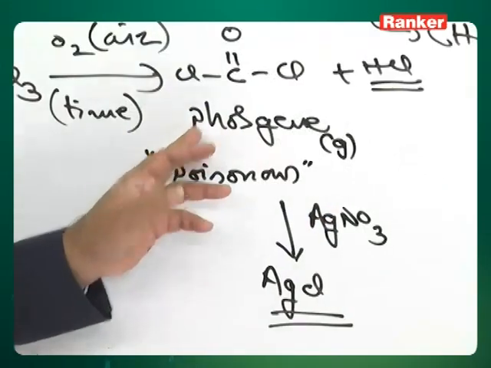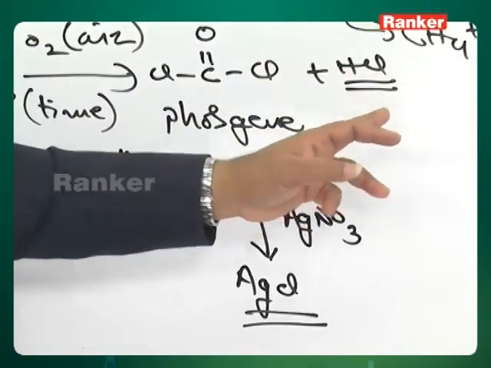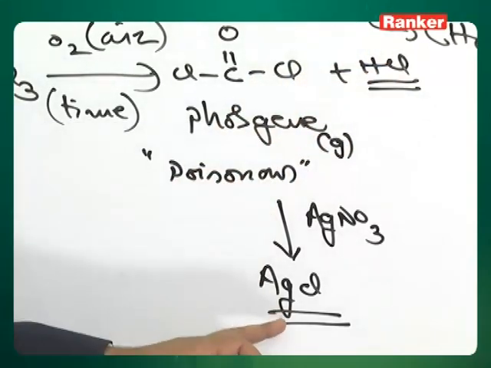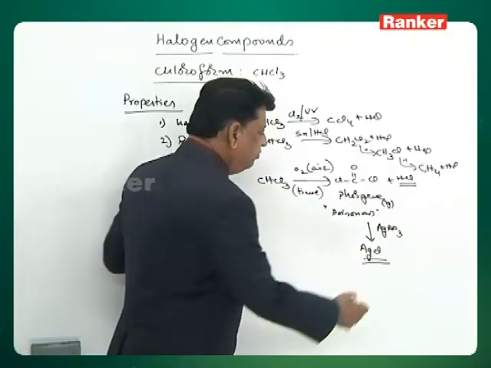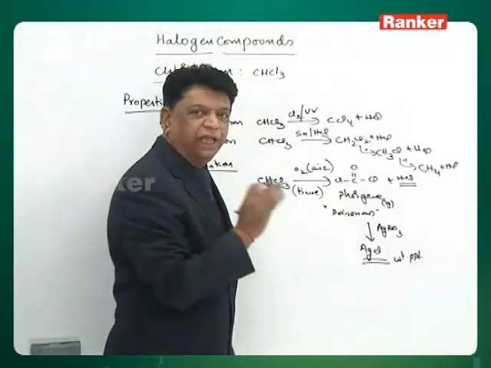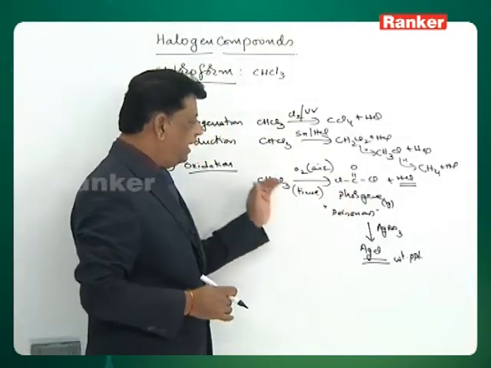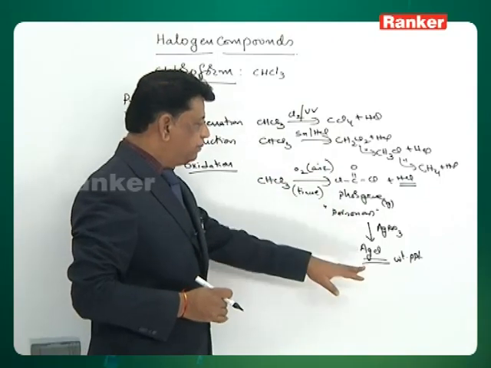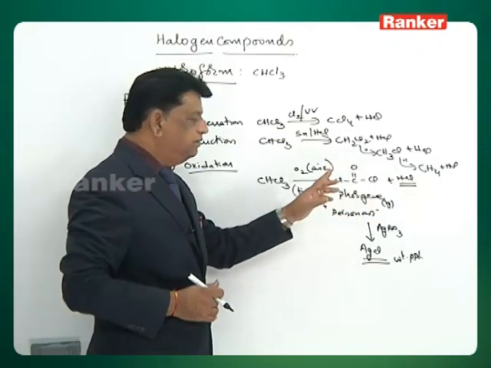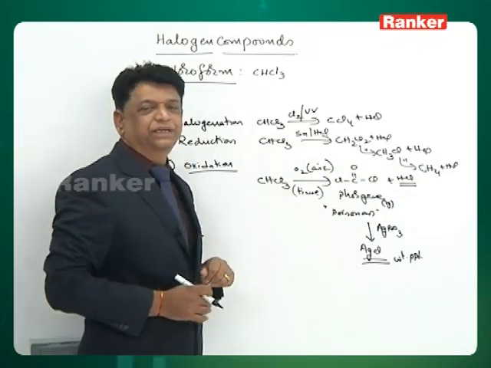When phosgene is formed, definitely HCl will be formed as a byproduct. When HCl is there giving a white precipitate, that means phosgene also will be there. So you take the chloroform, add some silver nitrate, a white precipitate means the Cl is present, that is HCl is present, so indirectly phosgene is also present, isn't it?